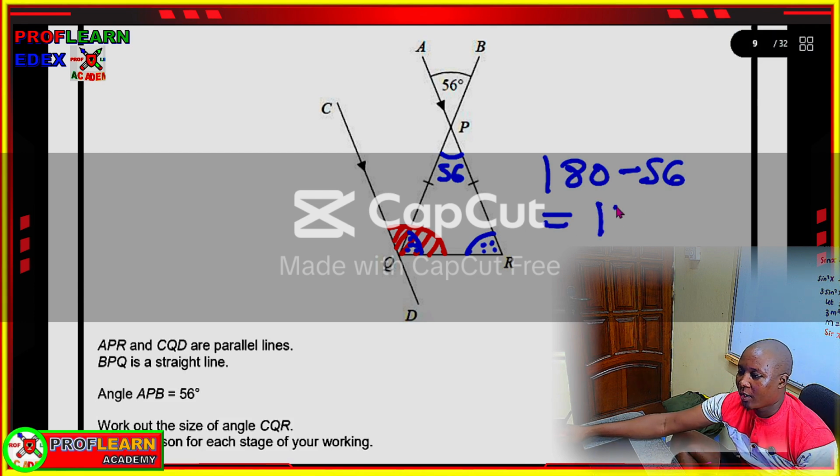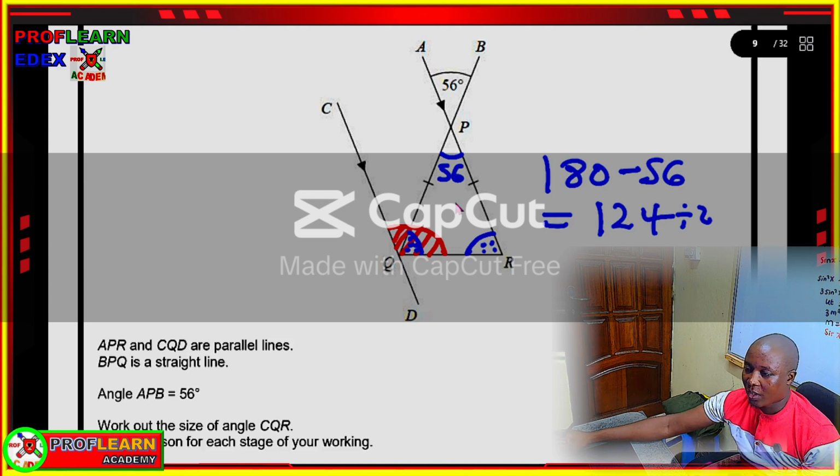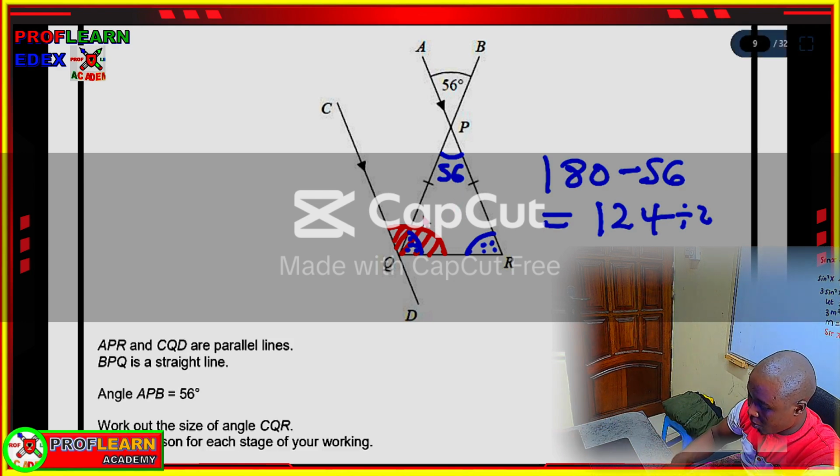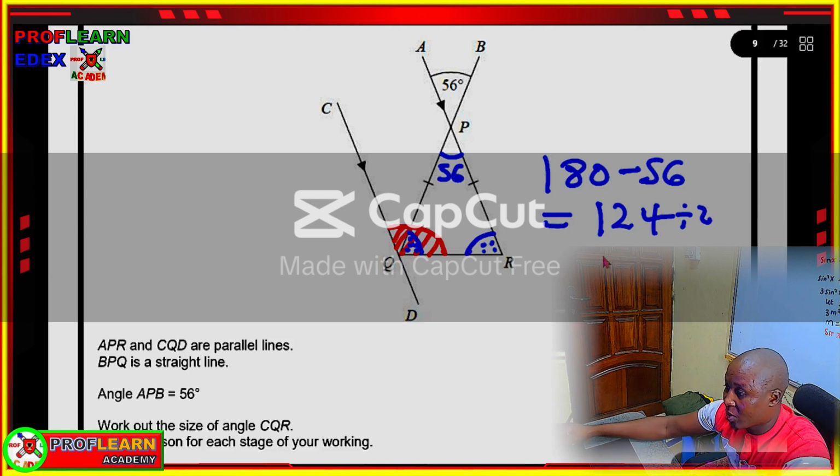So it will be 124 divided by 2, because this is an isosceles triangle, so we are going to divide by 2. And if we divide by 2, we are going to get our answer 62. So this is 62 degrees, which means this angle is 62, and this angle that we have here is also 62.